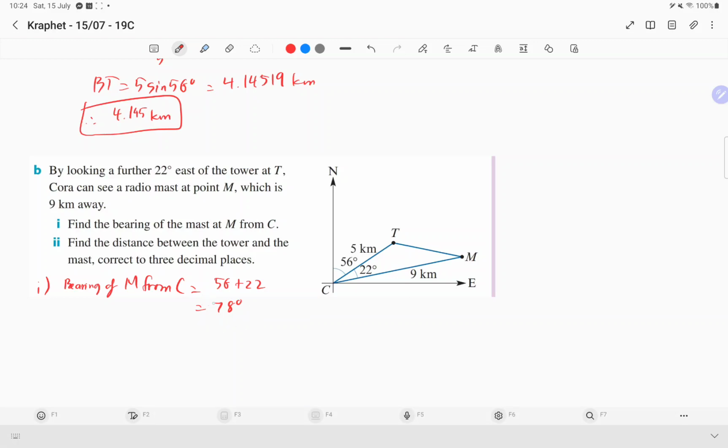Note that it's 3 digits, so you have to write 078.